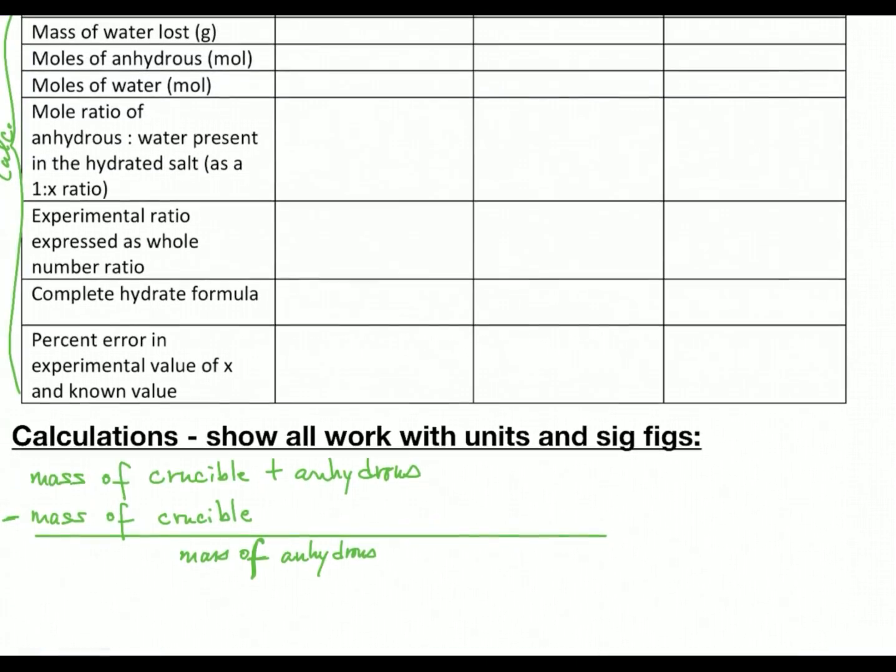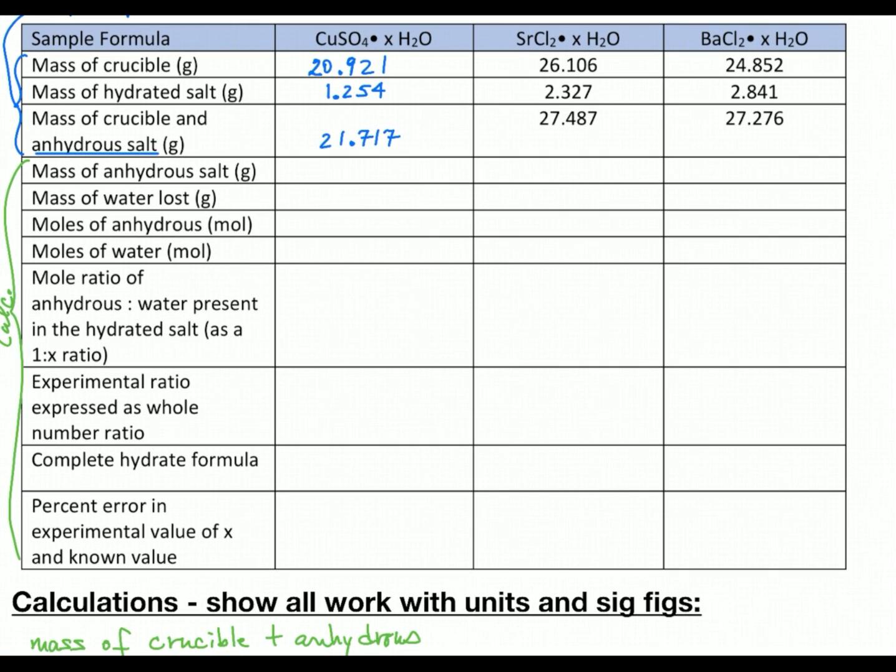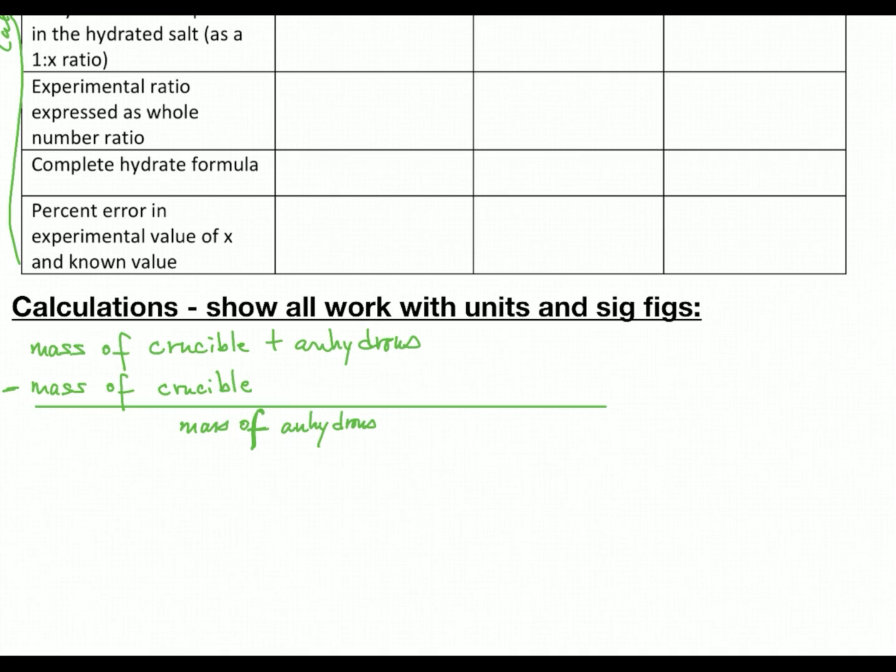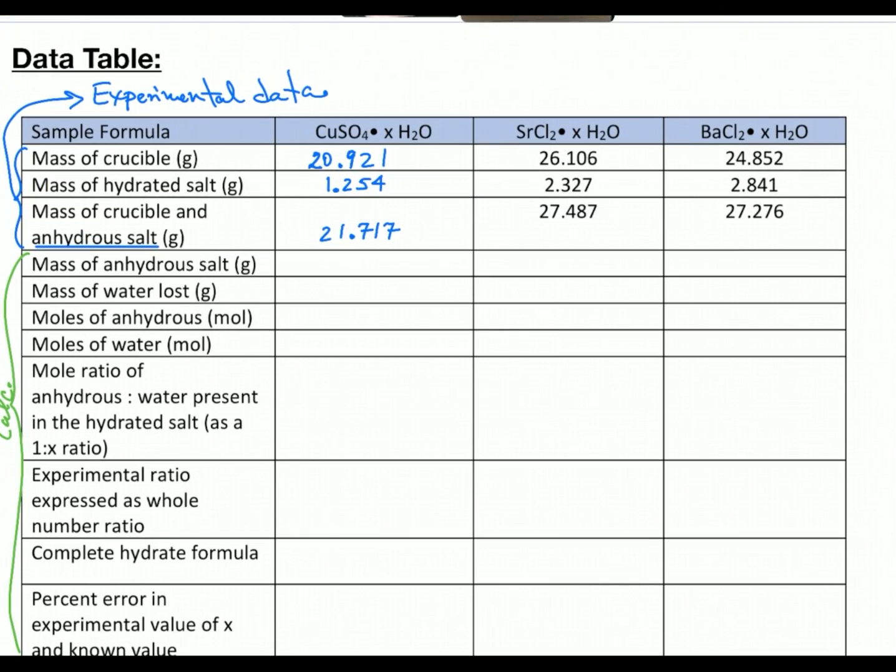So come back up here and get the numbers you need. Mass of the crucible and anhydrous was this guy, 21.717. Mass of the empty crucible was this one, 20.921.